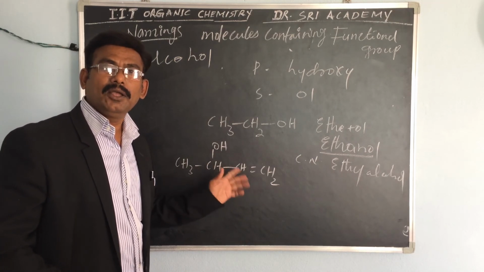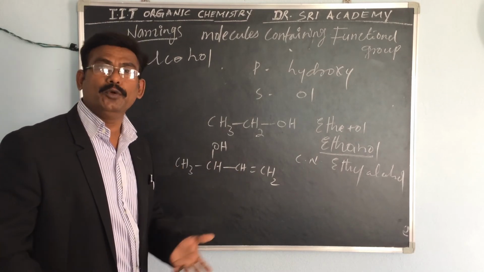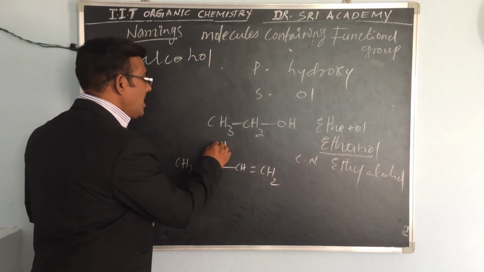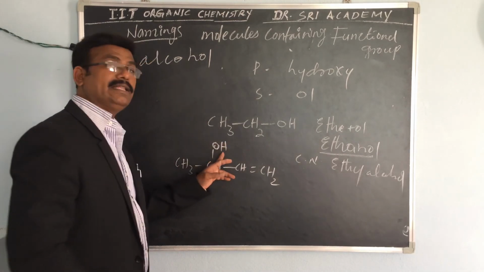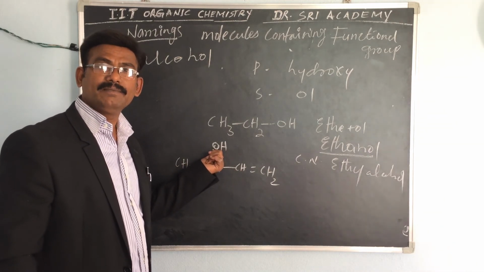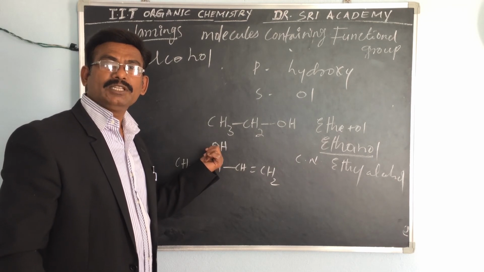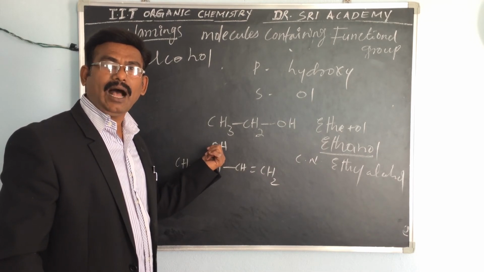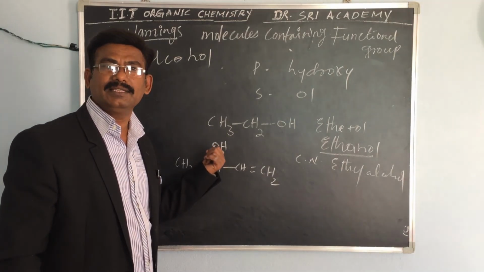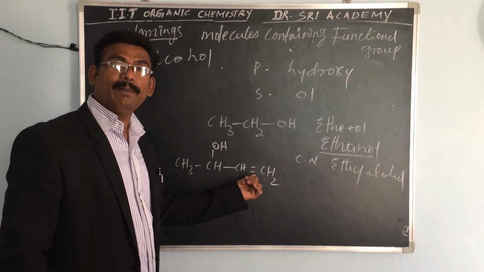Just count how many carbons there are. 1, 2, 3, 4. Bute. So the position, this is the highest functional group. The priority should be the highest one. The OH is the first group. Okay. Now, which position contains which group, that is very, very important. And this one is the double bond.